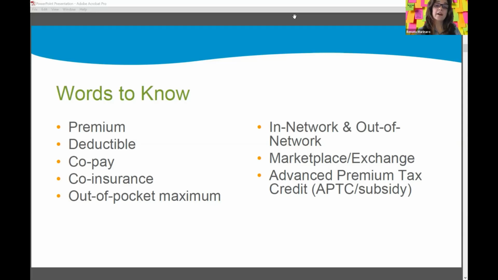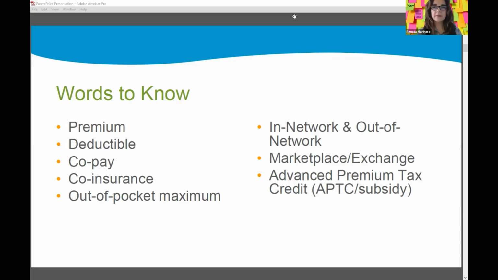If you have a 20% co-insurance plan, you're paying 20% of $4,000, right? Which is a lot of money every night for that bed. It's still not the retail cost, but it's still a lot of money. So co-insurance accurately reflects the medical cost because it's a percentage of the medical cost that you're paying. Co-pays are usually a better deal than co-insurance.